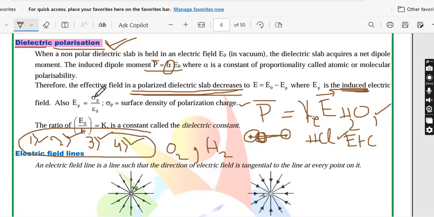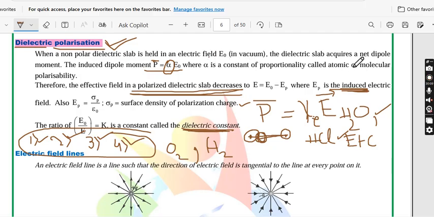Please note down this sigma P. Now the ratio of E naught divided by the electric field E is equal to a constant K, called the dielectric constant.